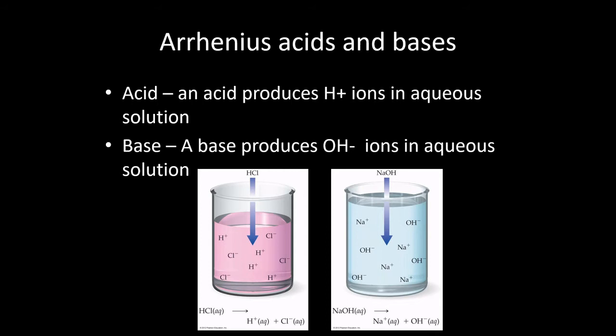And for a base, if you put a molecule into water and it produces OH- in solution, well then that is a base. So essentially we're making this definition based off of the effect that the molecule has in water. That's where we get that definition.